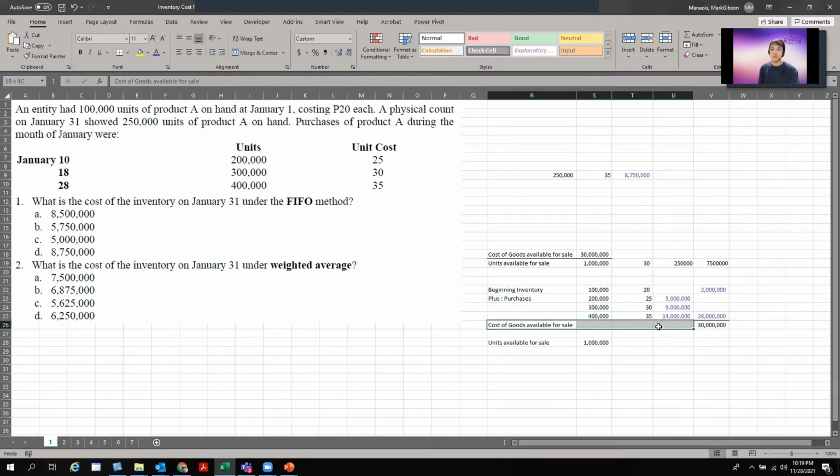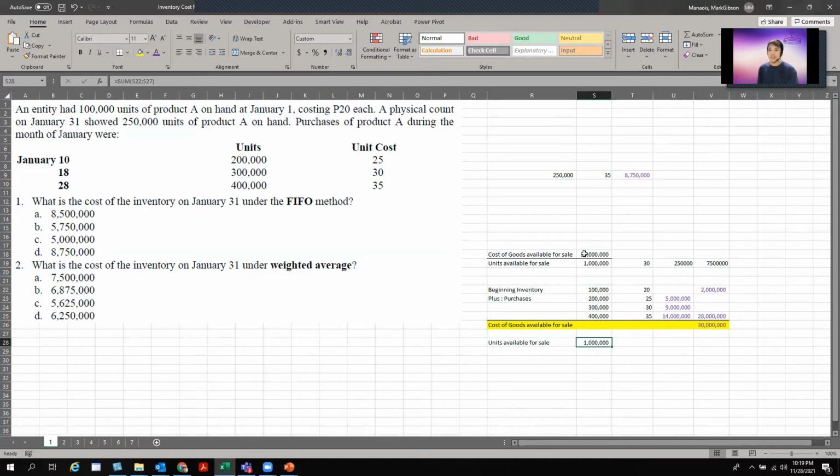So total cost of goods available for sale would be 30 million pesos. Okay na tayo dun sa first equation. Pag-usapan ngayon natin yung units available for sale. Basically all you have to do is add the beginning inventory and all the purchases. So that would be 1 million units.